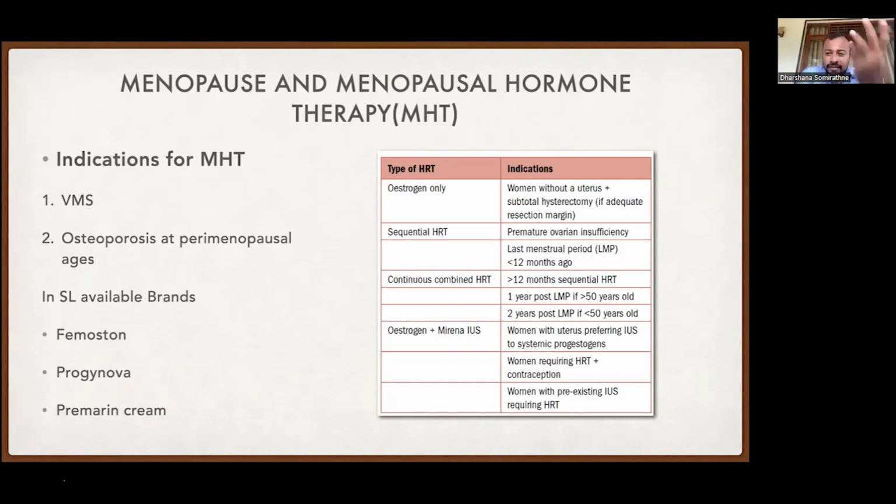Statistically, 80% of women suffer from vasomotor symptoms most of the time in the menopause. Then there are irritability and breast tightness, and those are the symptoms.